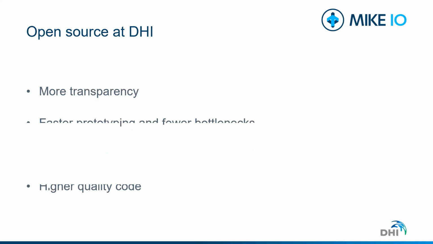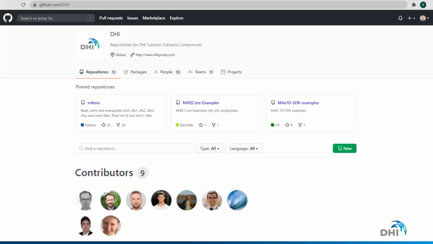And if you change the slide here, now you'll see our GitHub profile page. There's a link at the top of this slide. It's github.com/DHI. You'll see some of the open source repos that we have, and you will see Mike.io at the top.